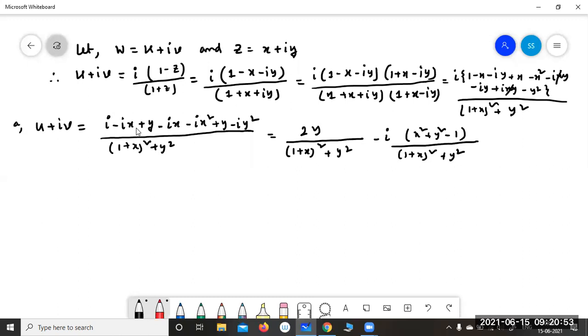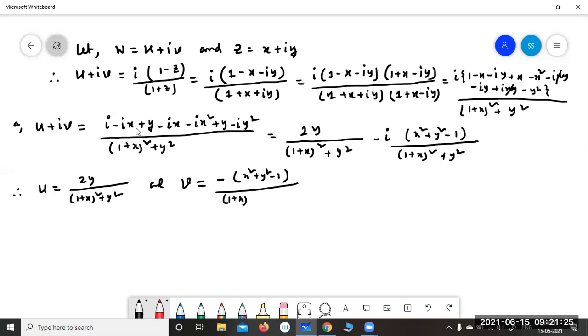So U equal to 2Y by (1 plus X) whole square plus Y square, and V, equating real and imaginary parts, equal to minus of (X square plus Y square minus 1) by (1 plus X) whole square plus Y square.